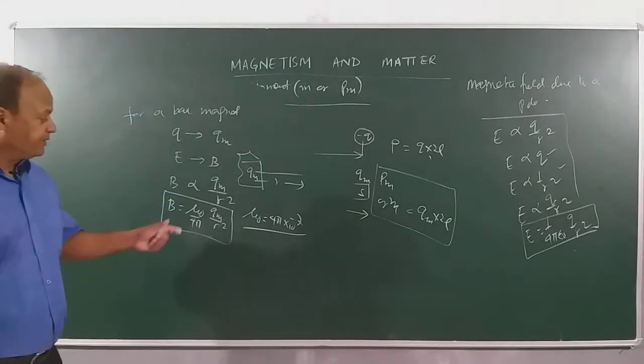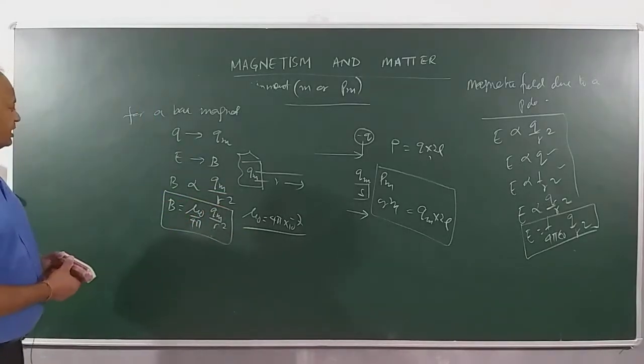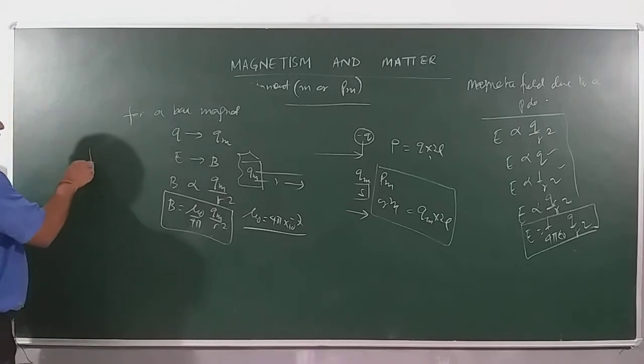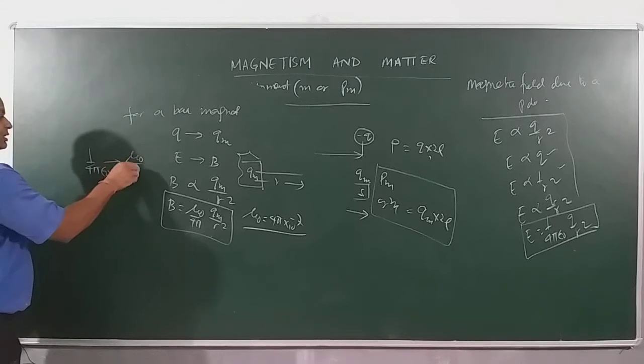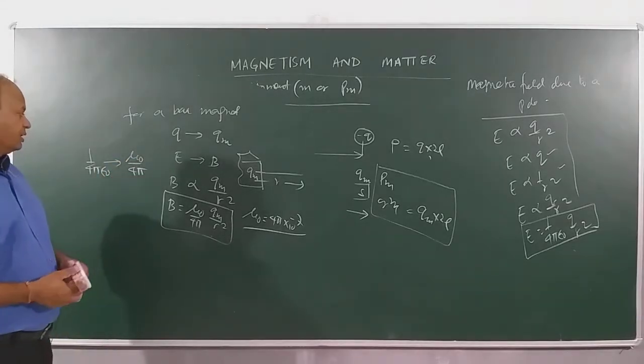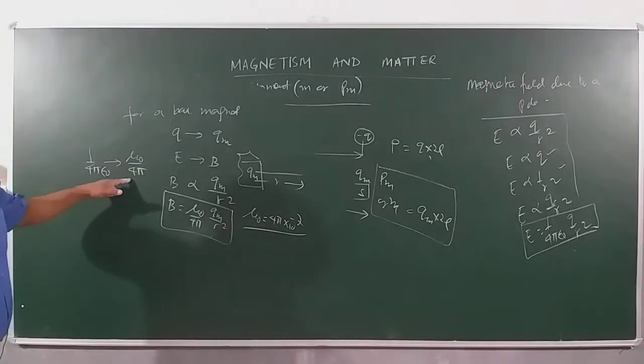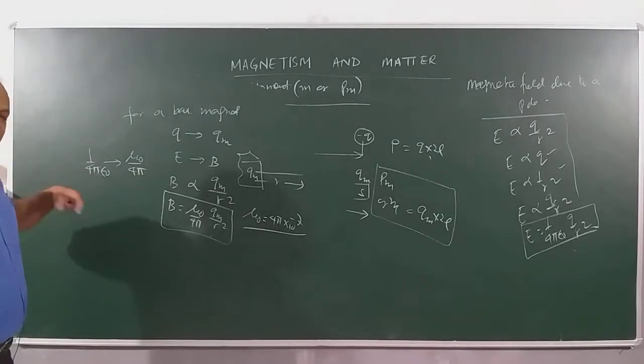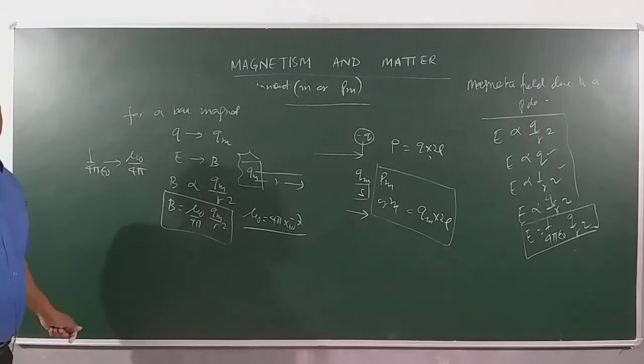So if I compare these two equations, we can see that 1 by 4 pi epsilon naught is equivalent to mu naught by 4 pi. Clear? Whenever I use equations for magnetic dipole, I will be drawing this analogy.